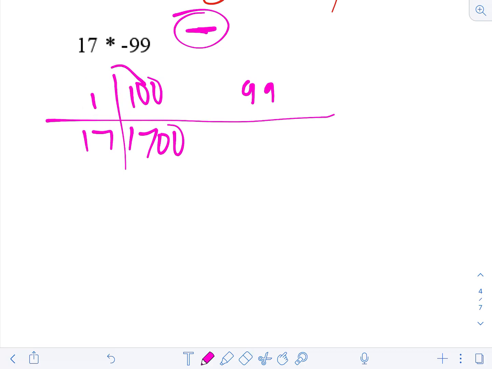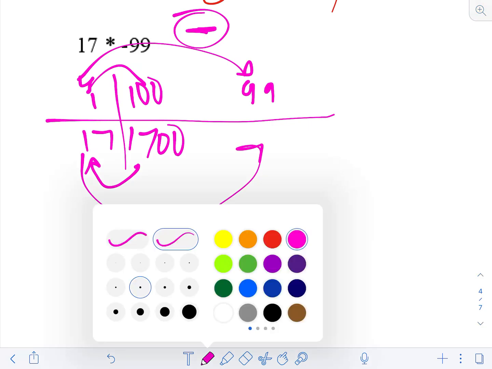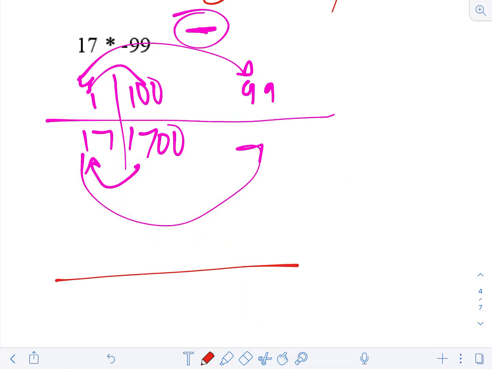And look, 99, they're just 1 away, and I already know 1. So if I do 100 minus 1, I get 99. So do 1,700 minus 17, and I'll get what that is. So if I do an open number line at 1,700, ooh, if I drop it down, I need to drop it down 17, right?